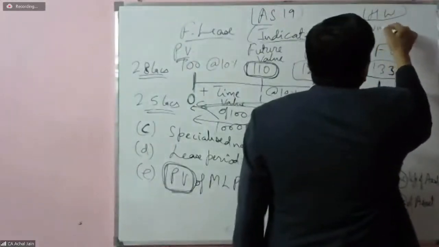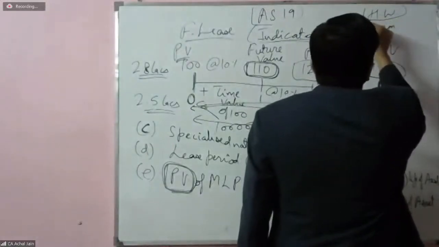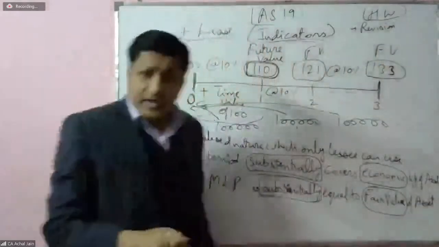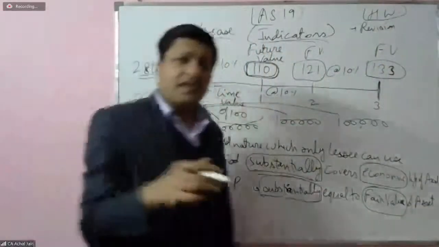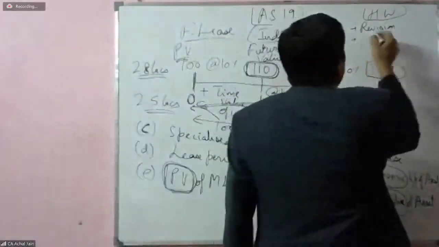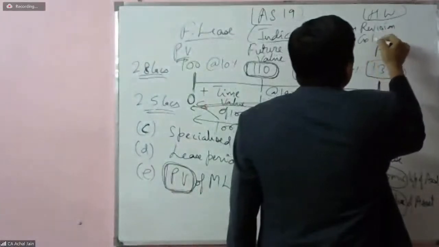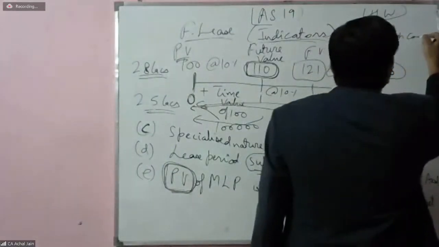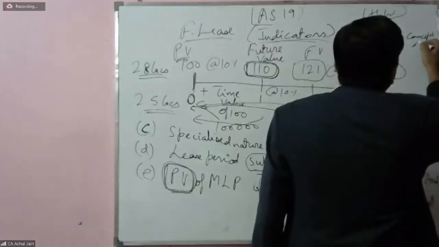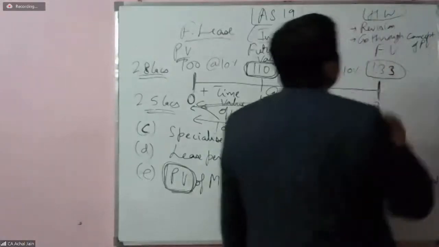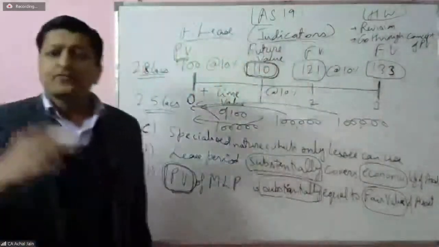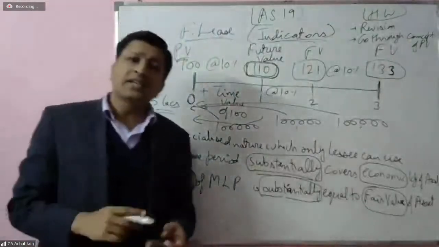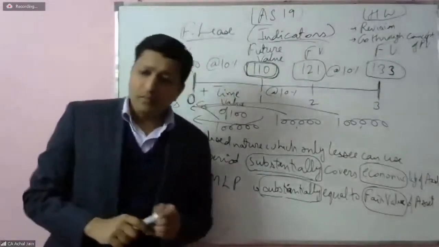First, of course, is revision of whatever we have covered today. And second is to just go through those concepts of present value. This will help you to understand some of the things which we are going to cover in the next session in a better manner.